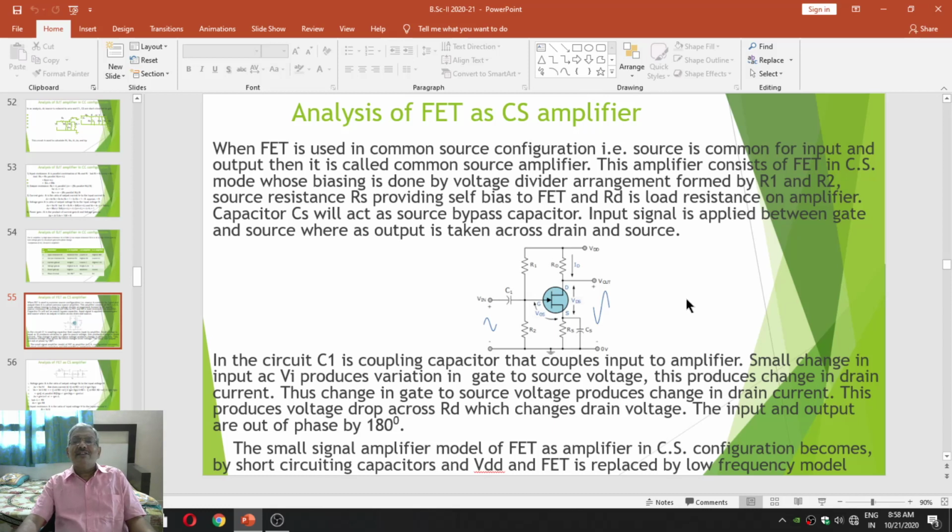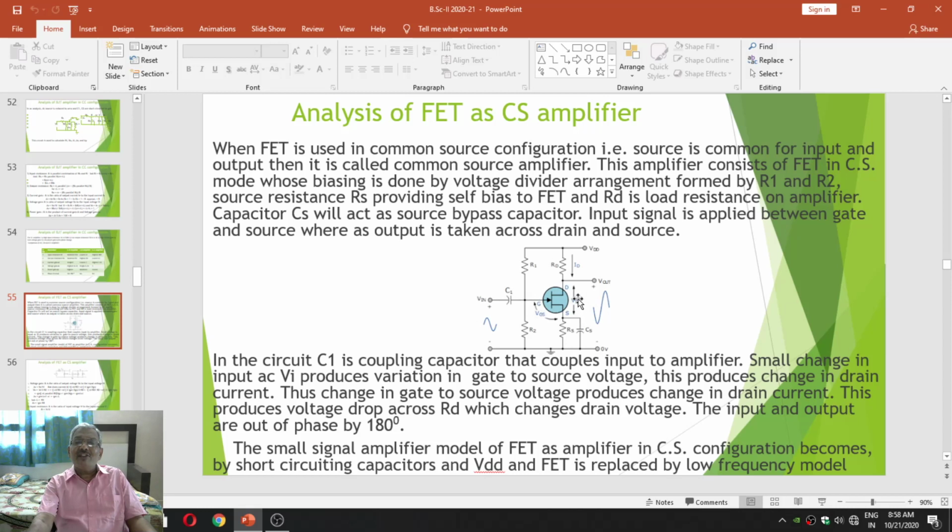To make this FET act as an amplifier, we are using the circuitry represented in this figure. Here we are using the FET represented here.